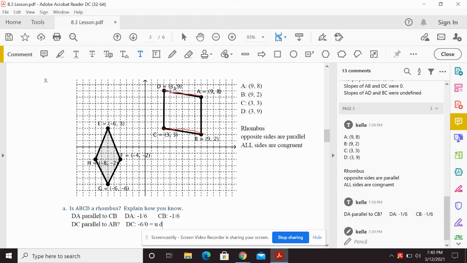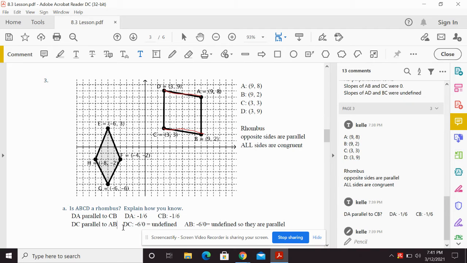So once again, this is an undefined slope. In order for them to be parallel, AB also has to be undefined. My change in y is once again negative 6. My change in x, 9 minus 9 is 0. So that's also undefined. You cannot divide by 0. So they are parallel.